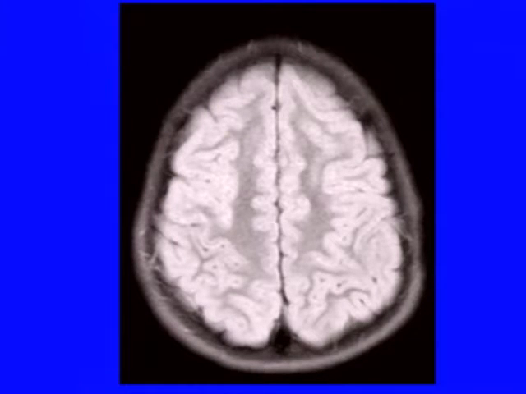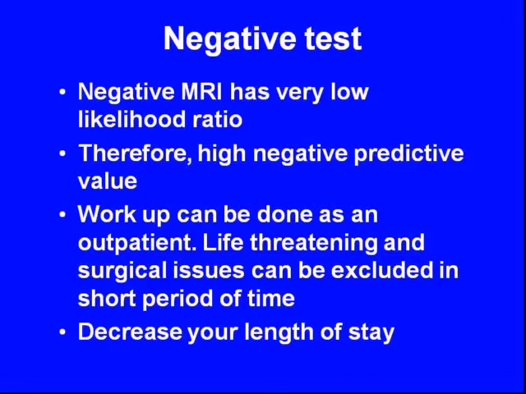So, as I will show you in this example, you do this MR in a patient that has seizures, you don't find a brain tumor, you don't find an area of cortical dysplasia, and your post-test probability that this patient has anything significant or surgical is very, very low, less than 1%. So you can discharge the patient very fast.